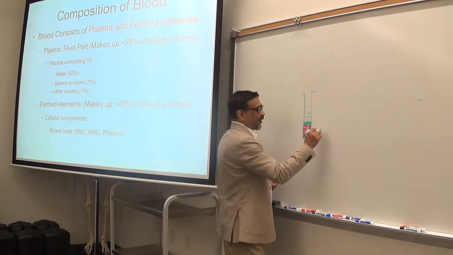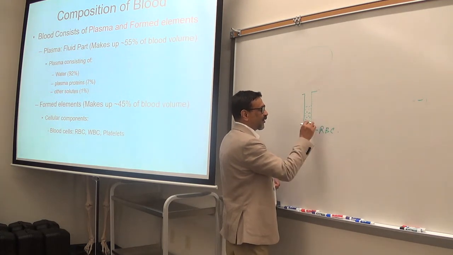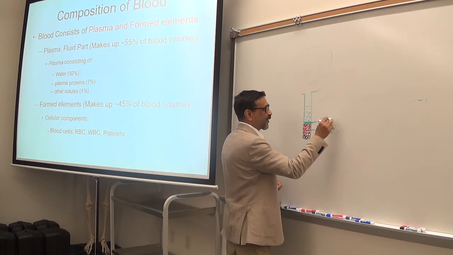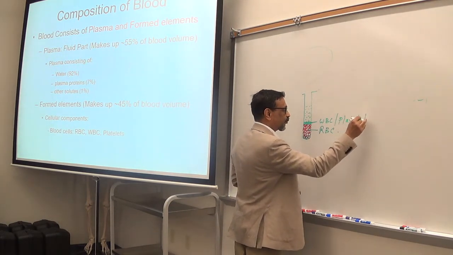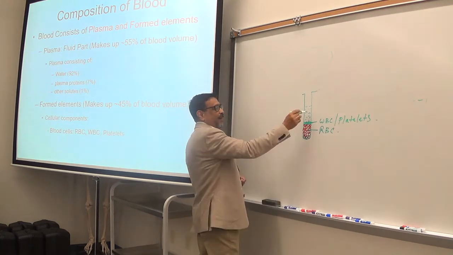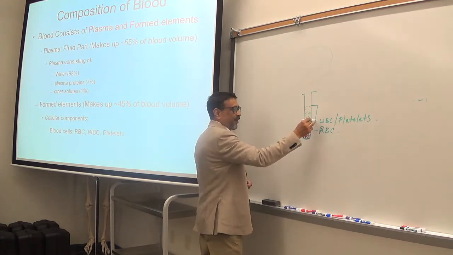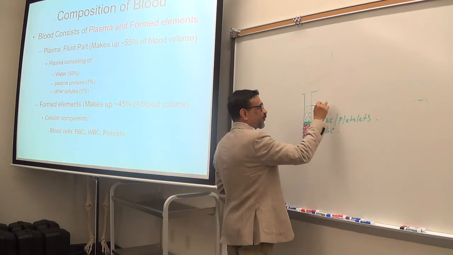So these are red blood cells. Here you have white blood cells and platelets. Okay, and this part is the liquid part. This is called the plasma.